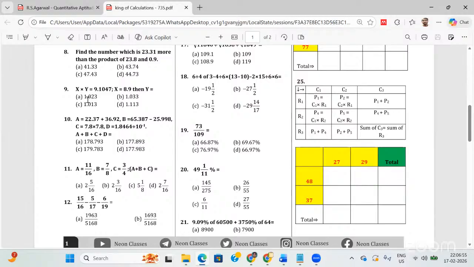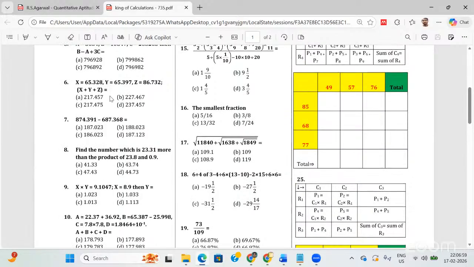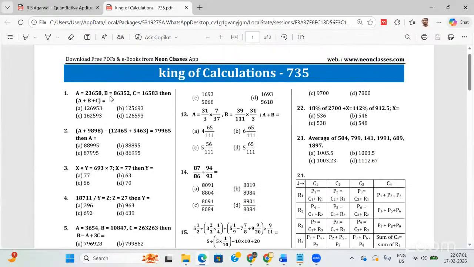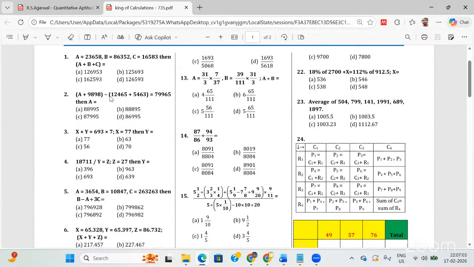Probably up to 9. Whether I covered this part or not in our earlier classes? Hello? Not in the first class. Okay.